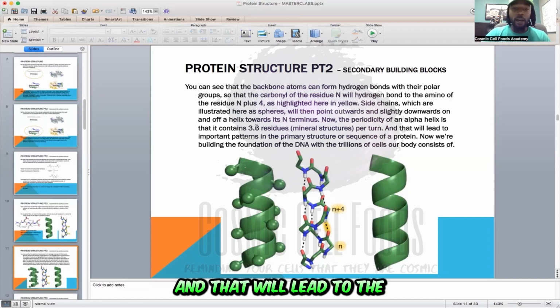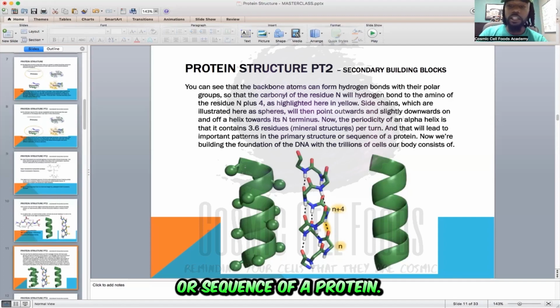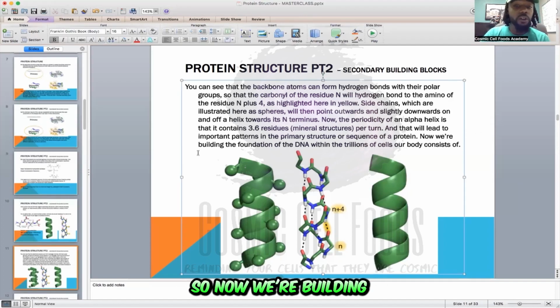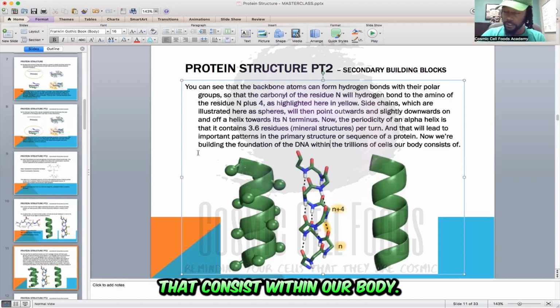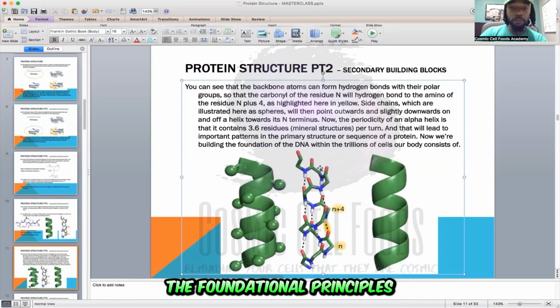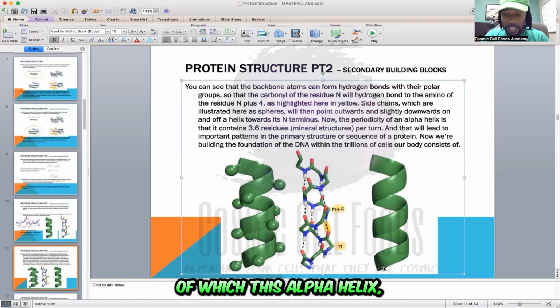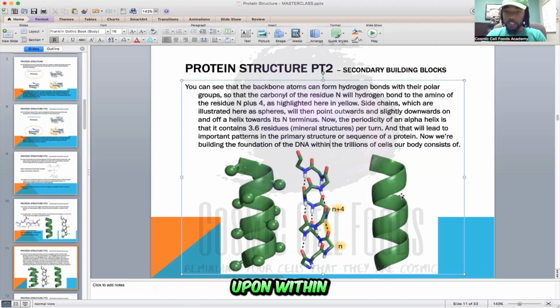That will lead to the important patterns in the primary structure or sequence of a protein. So now we're building the foundation of the DNA within the trillions of cells that exist within our body. We're understanding the foundational principles upon which this alpha helix, which we know as DNA, is built within the trillions of cells.